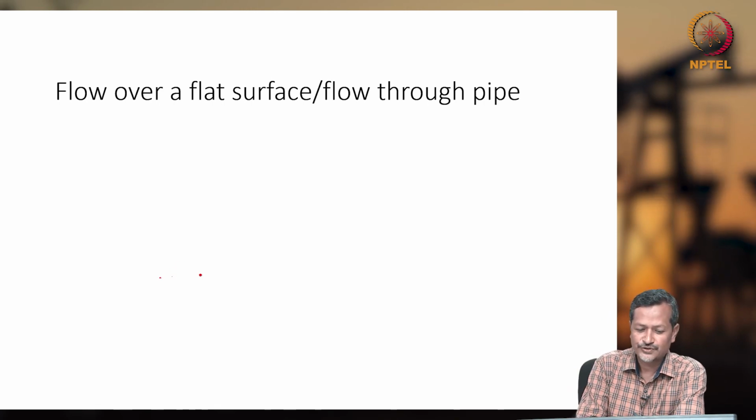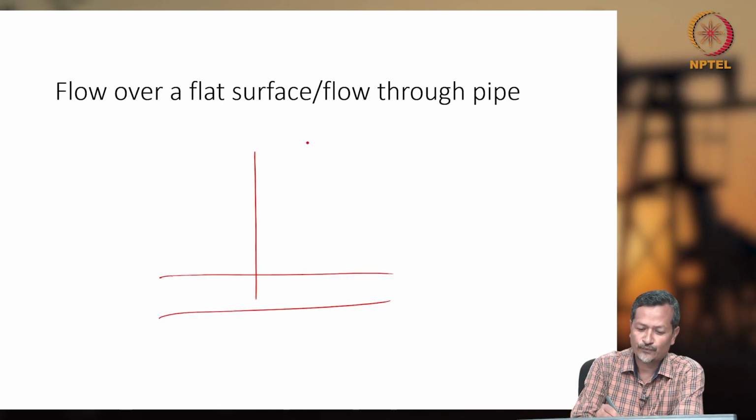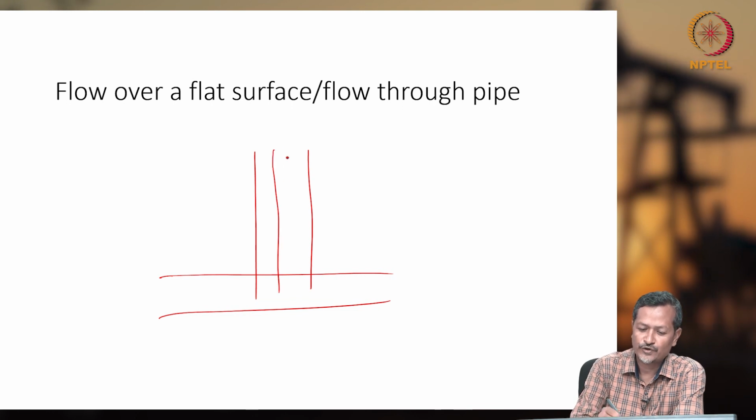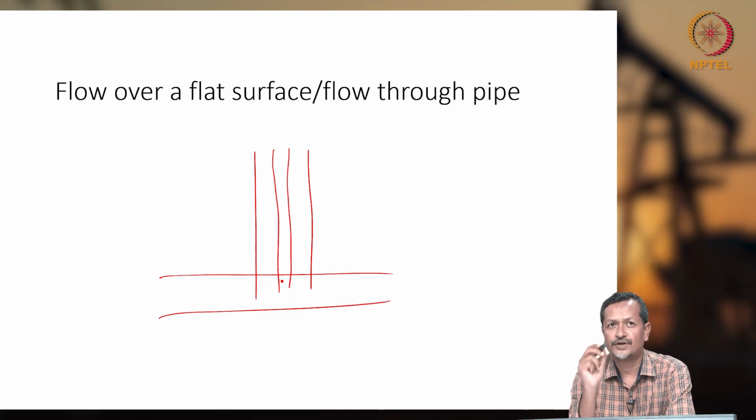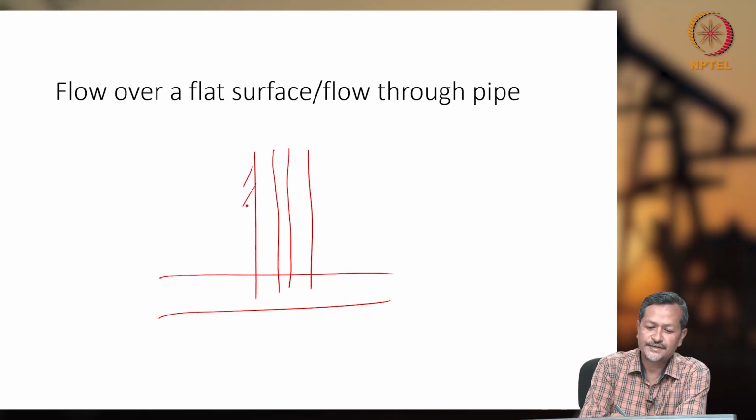So first, assume there is one reservoir, one wellbore, and one tubing. Whenever you are getting oil and gas, you are producing through tubing, and your casing is cemented here.